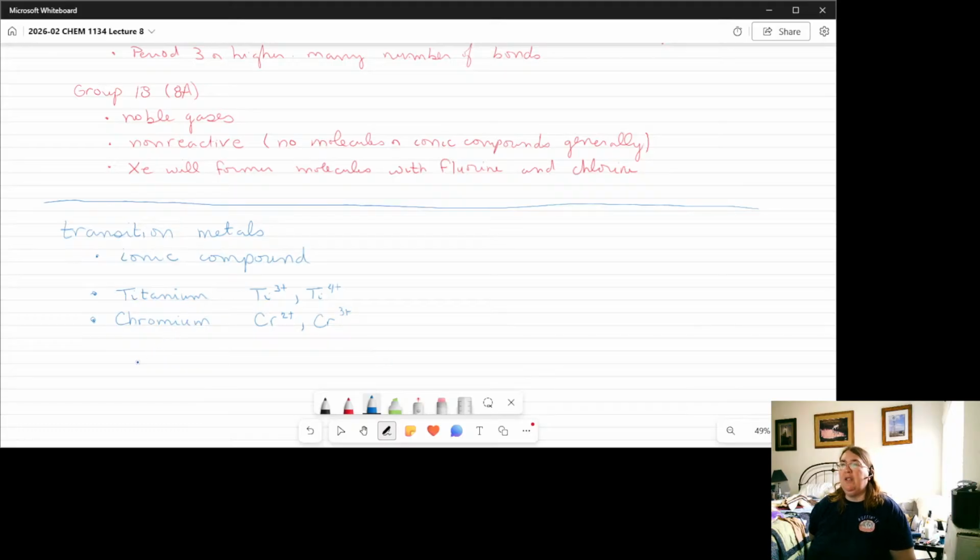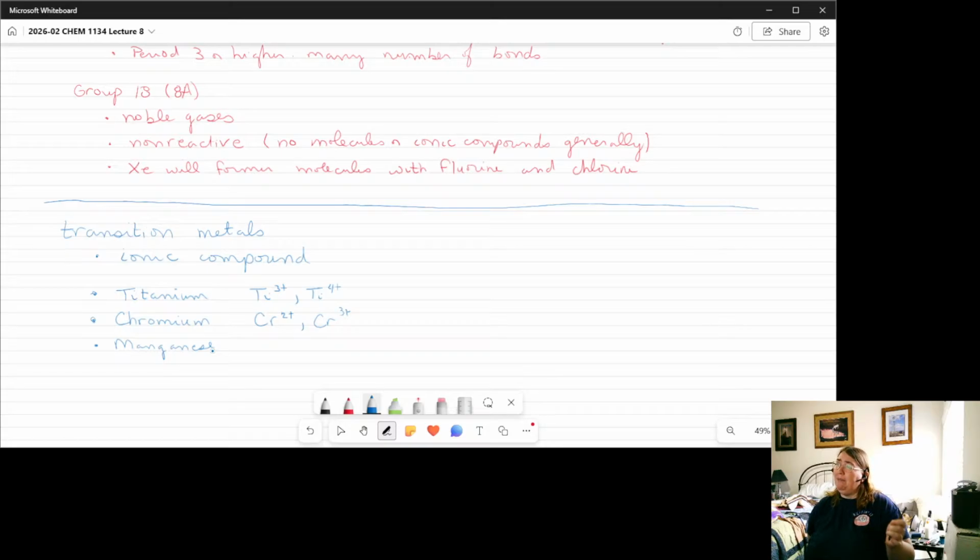The next one you definitely use and will handle in freshman chemistry is manganese. Do not confuse manganese, which is a transition metal, with magnesium, which is an alkaline earth metal. Very important.